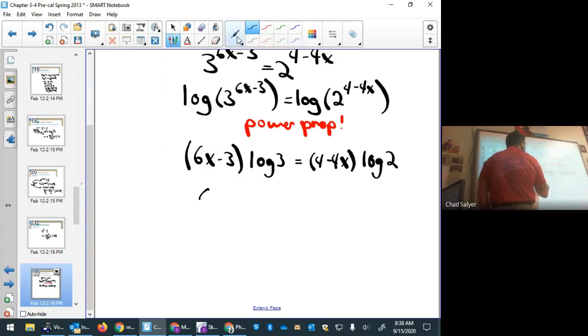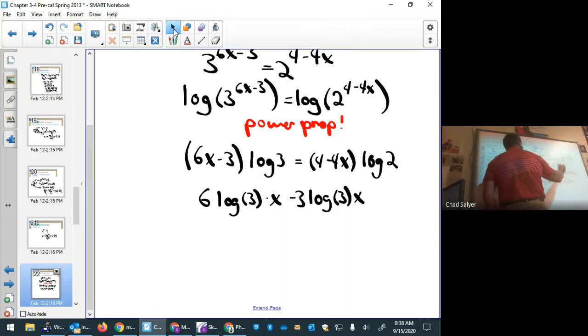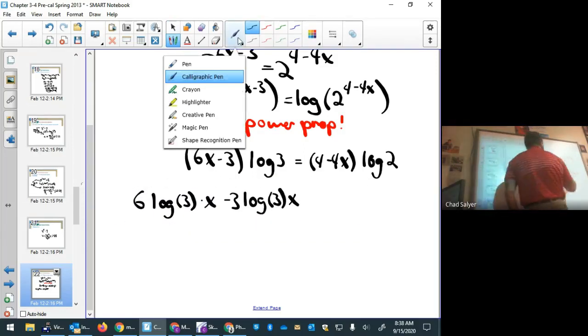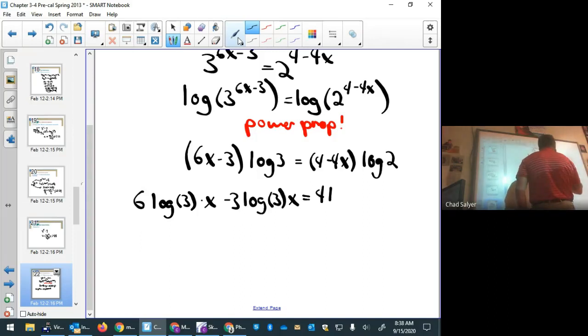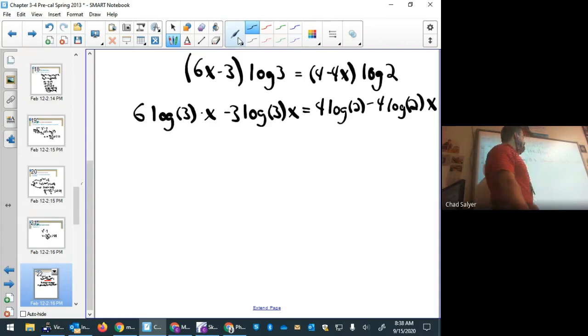So that's 6 log 3 times x minus 3 log 3 times x, and that's going to be equal to 4 log 2 minus 4 log 2 times x. So that was just distribution.